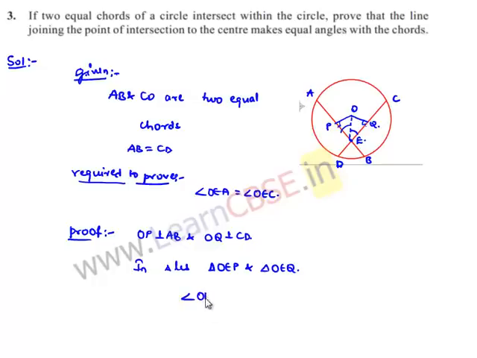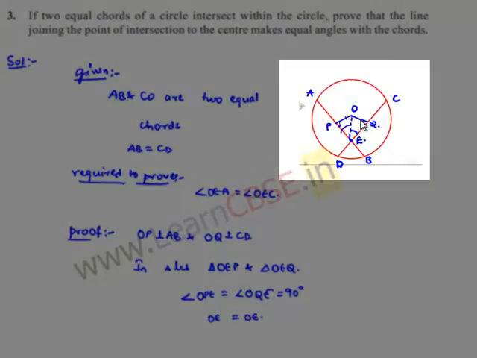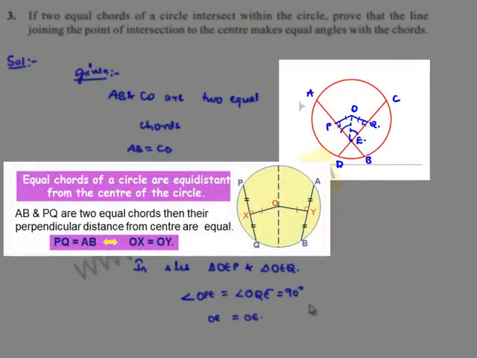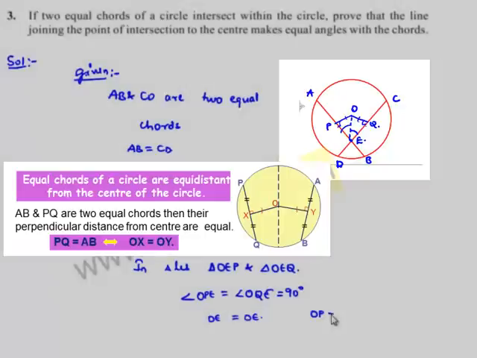Angle OPE is equal to angle OQE is equal to 90 degrees, and OE is equal to OE since it is a common side and also the hypotenuse. We know that chords of equal length are at equal distance from the center, so we can say here OP is equal to OQ.